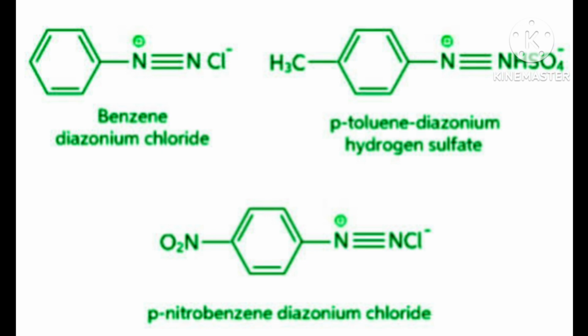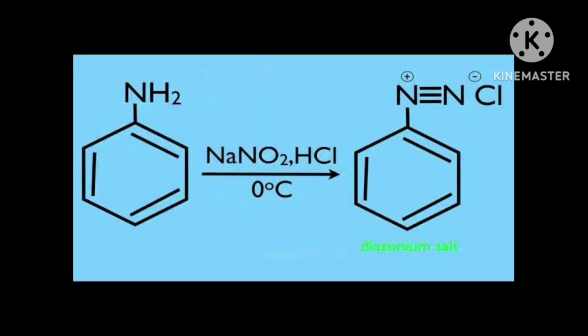Same type of reaction. Here X you can consider as Cl, or you can consider CuCl. There also Cl is there. Anyone you can consider. Then Cl minus will join the Ar and it will form ArCl, and the other product will be N2 gas.